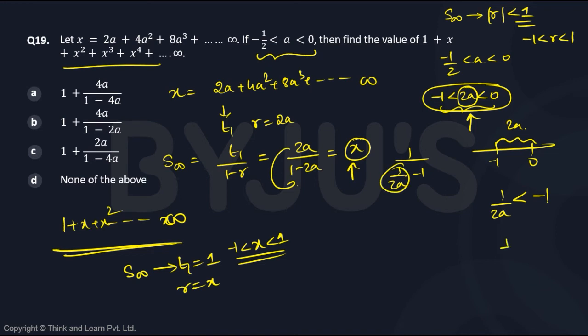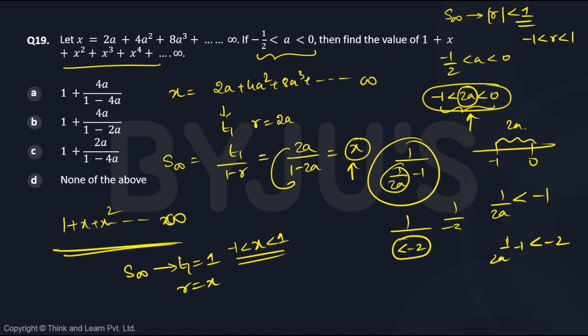So 1 by 2a minus 1 will be less than -2. So you have this fraction as 1 by something which is some value here which is less than -2. So it is like 1 by -3 or 1 by -5 or whatever else it is. So definitely all of these values will be falling within the range here. Hence you are free to use the formula.